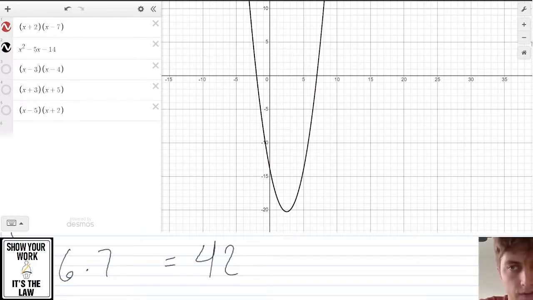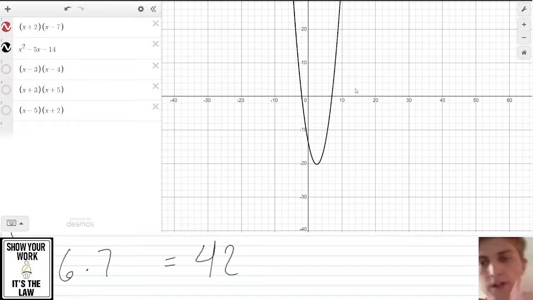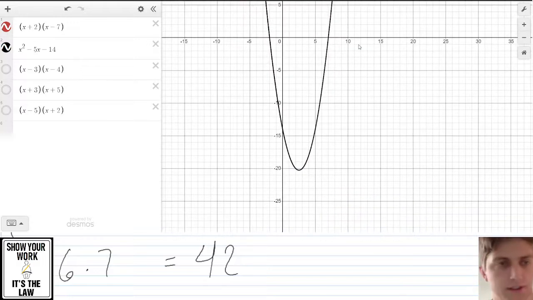Now, what we have here is a parabola, and a parabola is just that loopy thing. We get parabolas whenever we have an equation that has an x squared term as the highest exponent. So whenever the highest exponent is 2, that's when you'll see a parabola. All right, so yep, you see it just does its little dip.